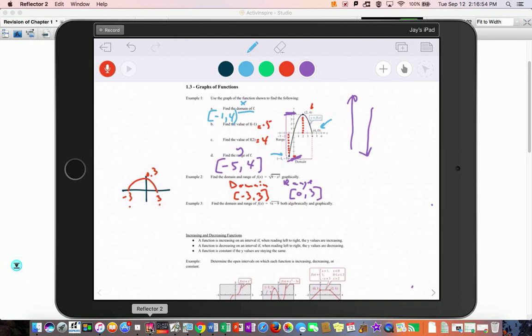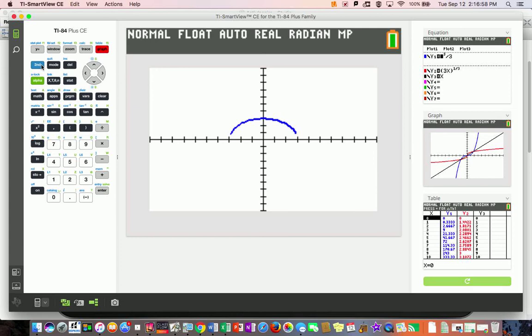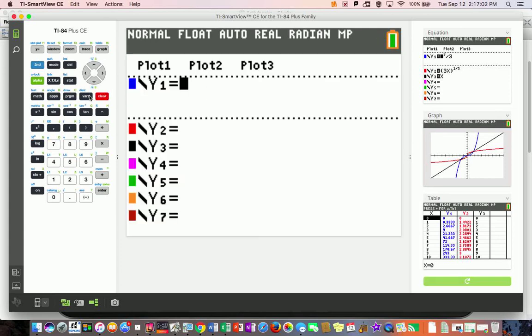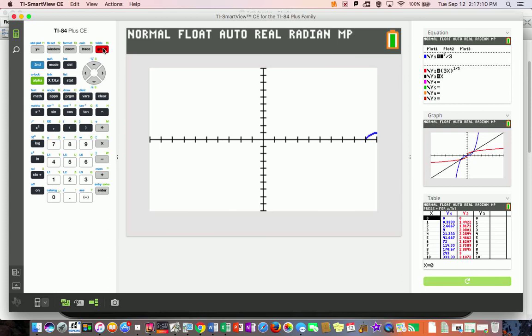So we go to the calculator again, and we're going to do x minus 9 under the radical. So this time, we do the square root of x minus 9. And what you can see is that it's barely on the graph.